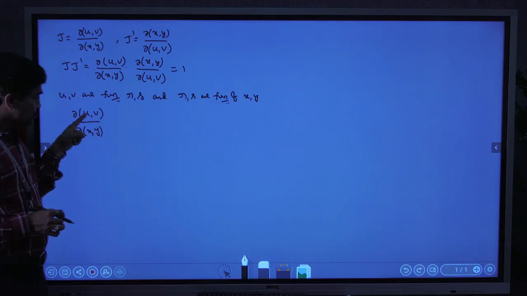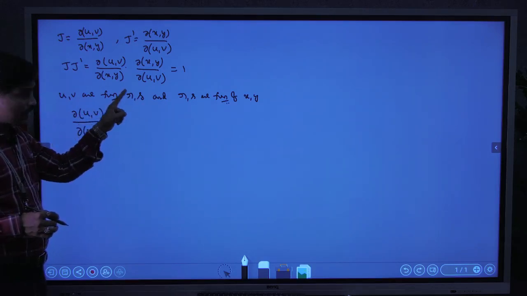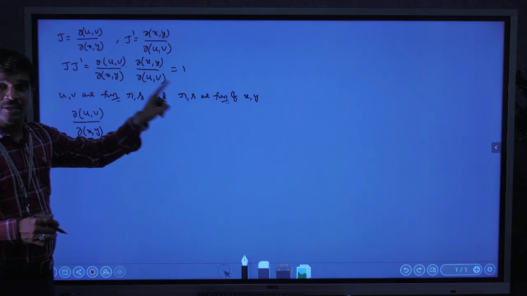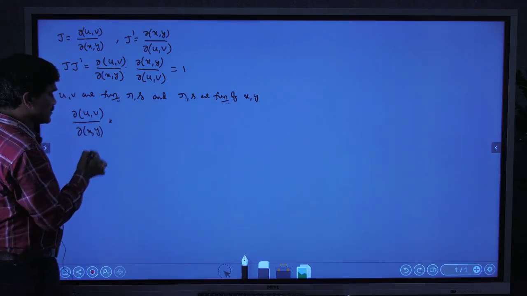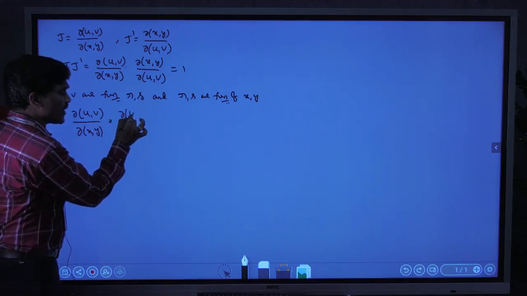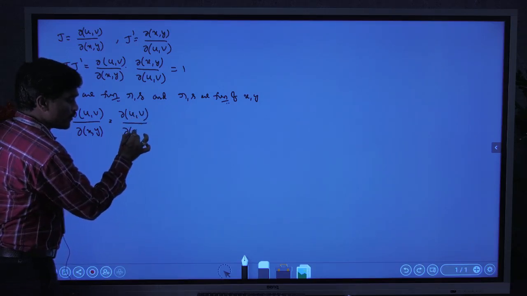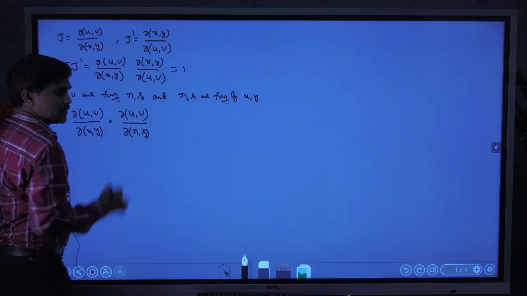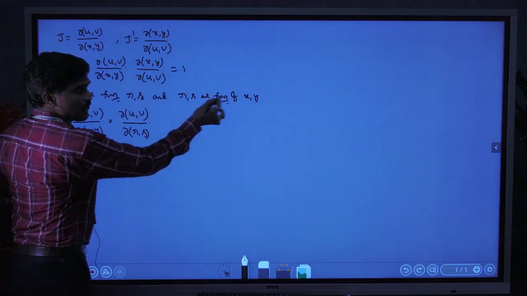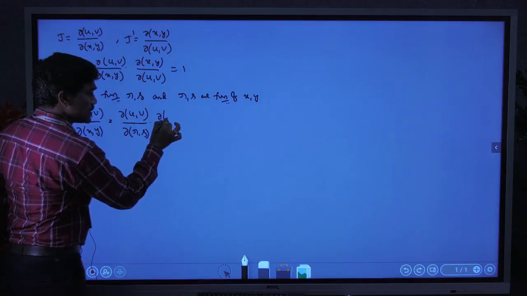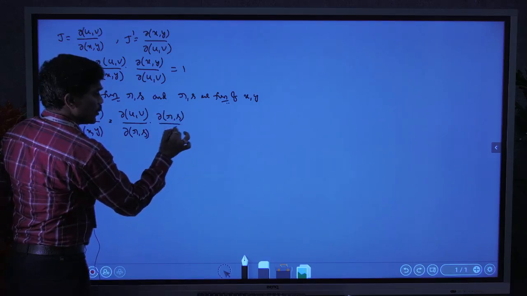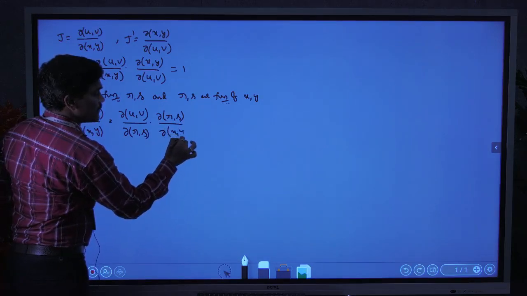But u comma v are functions of rs and rs are functions of x comma y. That's why we write it this way: uv function in rs, so we write dou uv by dou rs into dou rs by dou xy, right?